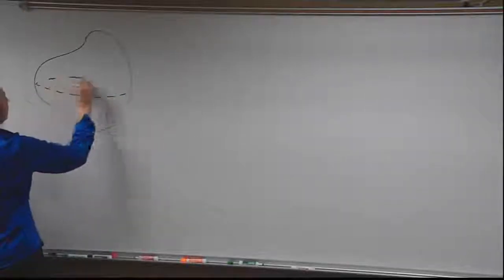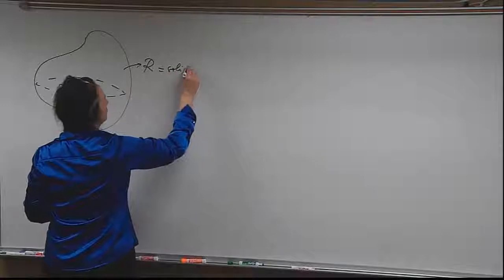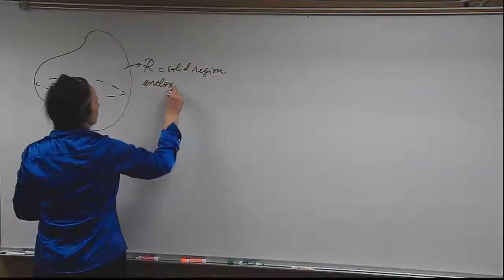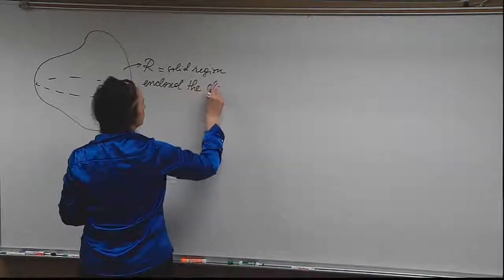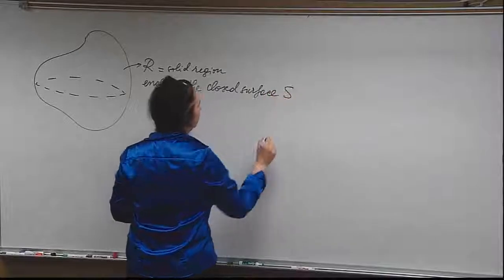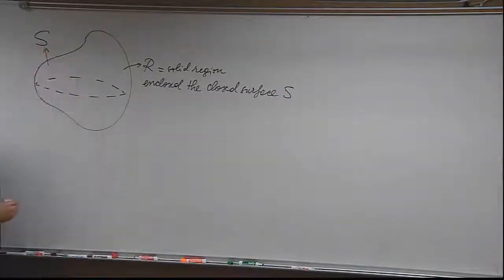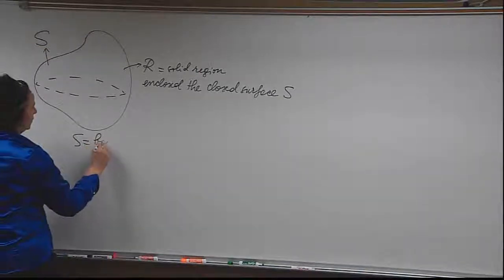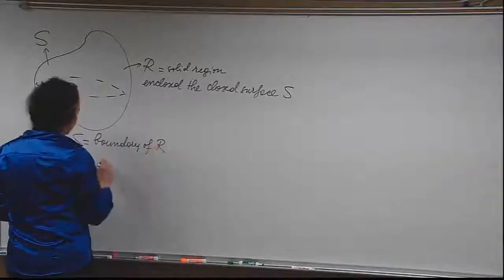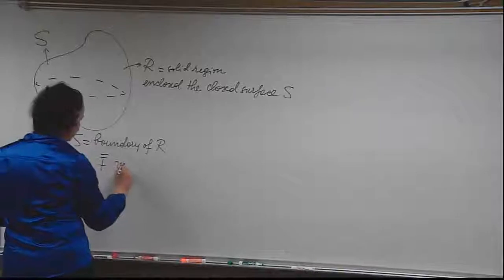We call that R in the book. R is a solid region enclosed by the closed surface. Sometimes we call such a surface compact for some topological reasons. Let's put S. S is the boundary of R. We assume our old friend F to be a vector valued function.